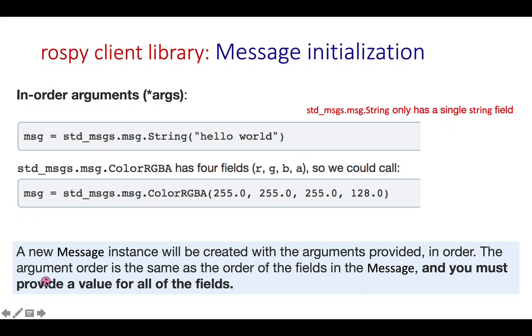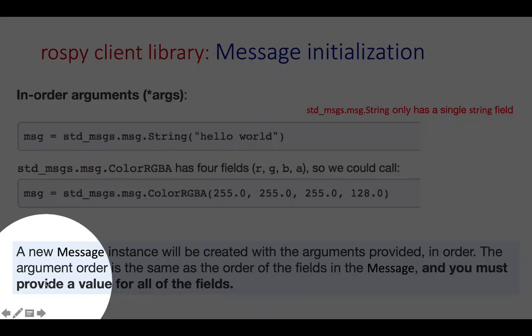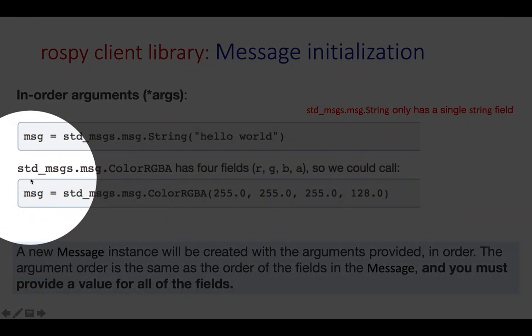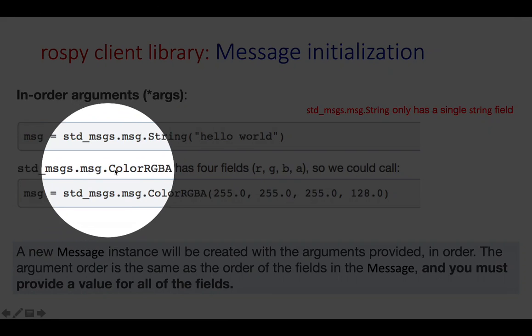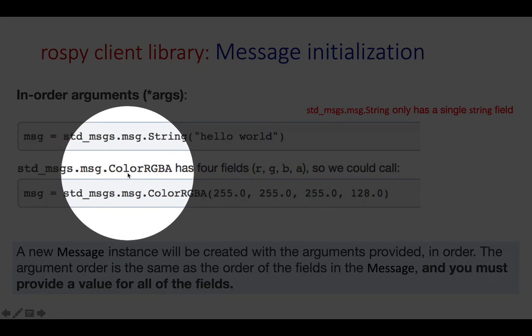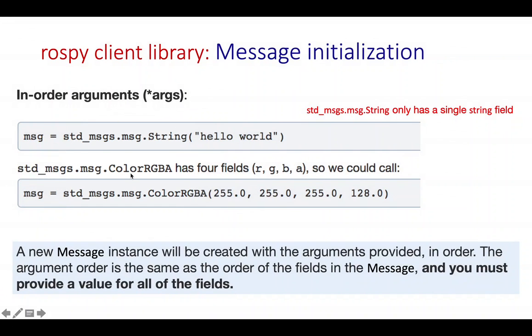But here's another example. So look at this. We have standard message.message, and then there is a different sort of message type called color RGBA. The requirement of in-order arguments while creating a message is that if this message type has, let's say, 4 fields, one each for the RGB value and one for the alpha channel, during the in-order arguments, you have to provide values for all of them.